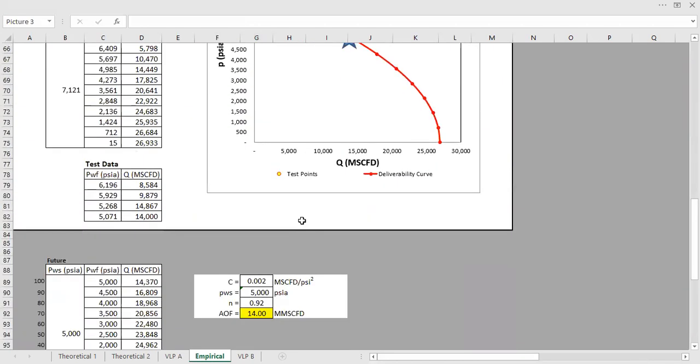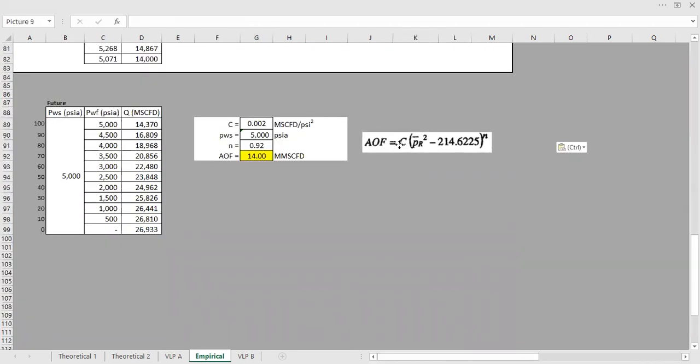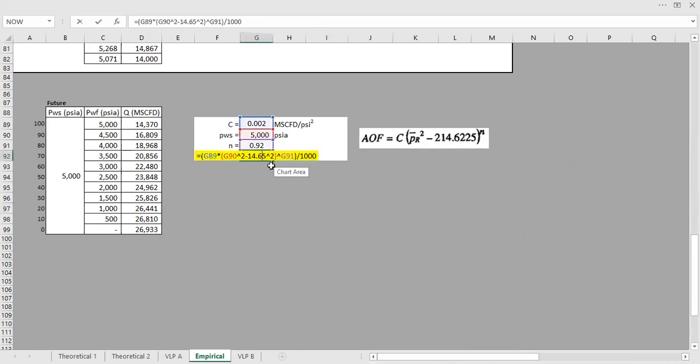So if we borrow this, if we, of course, maintain the equation, we calculate the absolute open flow right now is this one, C multiplied by PWS squared minus 14.65 squared powered by 0.92 and then divided by 1000 because it is MMSCFD.